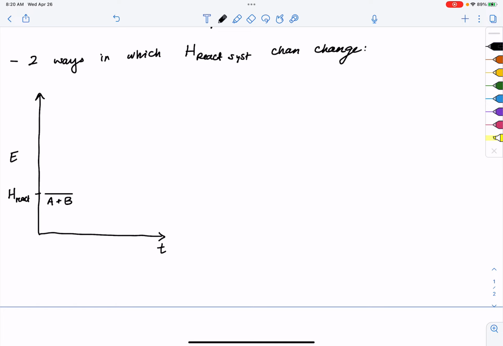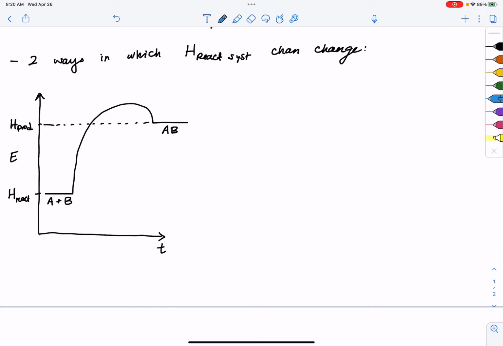So energy is going to be pumped into the system or absorbed by our reactants in order for our products to be formed. So over here is the heat of the products, or the enthalpy of the product state. Let's call it a synthesis, AB.